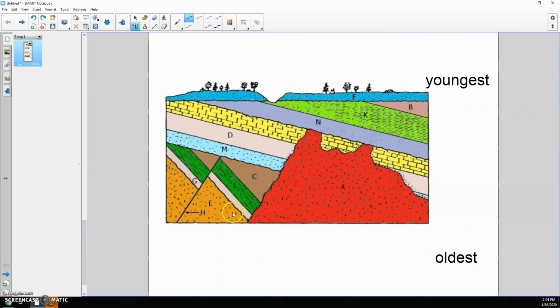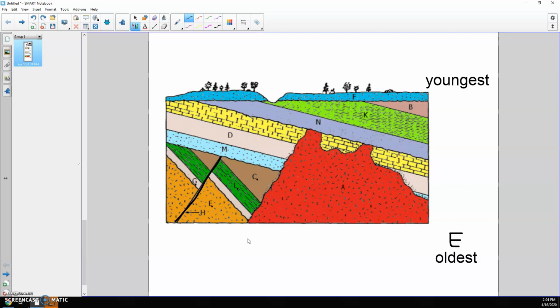So just to start you off, on the bottom here we have E, G, L, and C. Those would have started out flat, with E the oldest on the bottom. And then things afterwards, like the fault here, H, and the tilting, are things that would happen after they're flat.